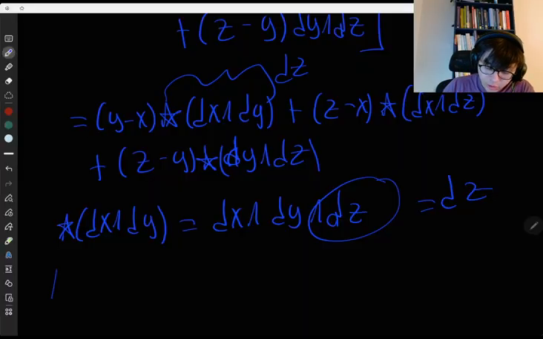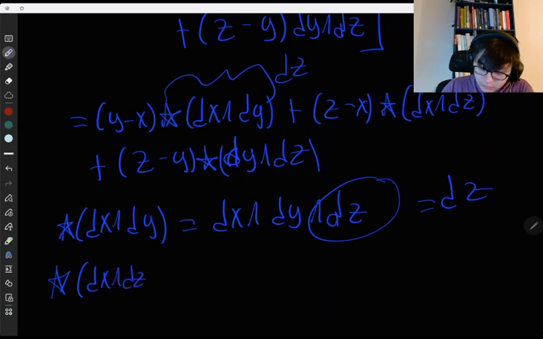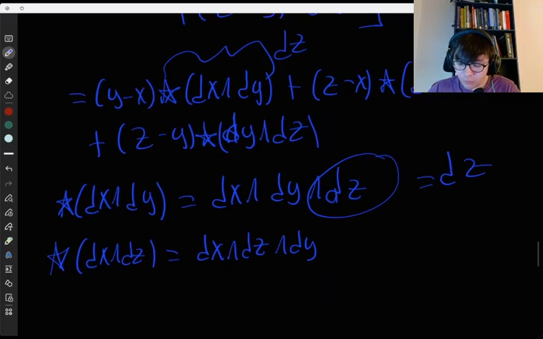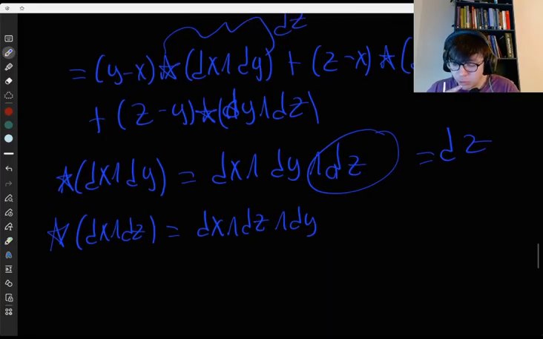Now I need to figure out star dx wedge dz. Well, star dx wedge dz, we're going to write this as dx wedge dz, and what's left over is dy. So I'm now going to use the anti-symmetric property of the wedge product to move stuff around. What do I want to do first?